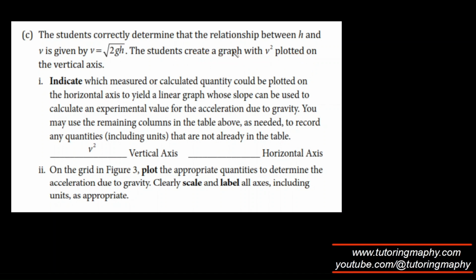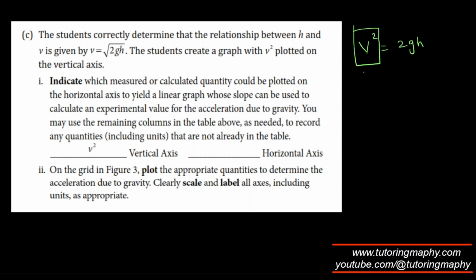Now the students create a graph of v square on the y-axis. Indicate which measured or calculated quantity could be plotted on the horizontal axis to yield a linear graph whose slope can be used to calculate an experimental value for the acceleration due to gravity. Obviously this one is easy, it's just a lot of reading, because the moment you square it, you will get v square is equal to 2gh.